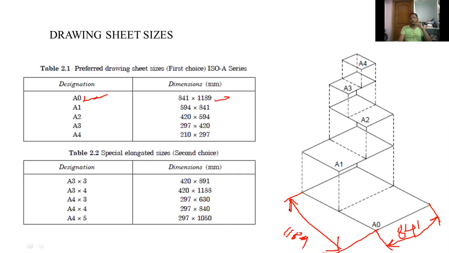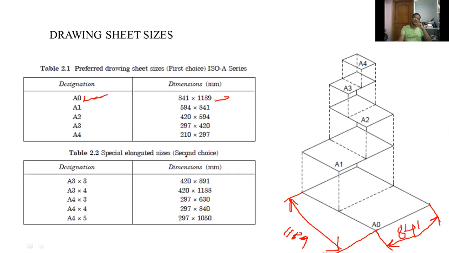Okay, so these are the dimensions for A0 size sheet. The length is 1189 and width is 841 mm.